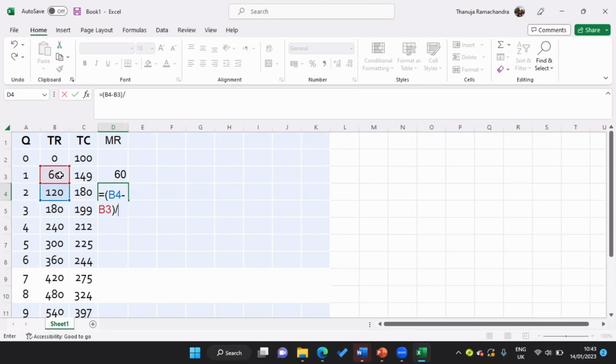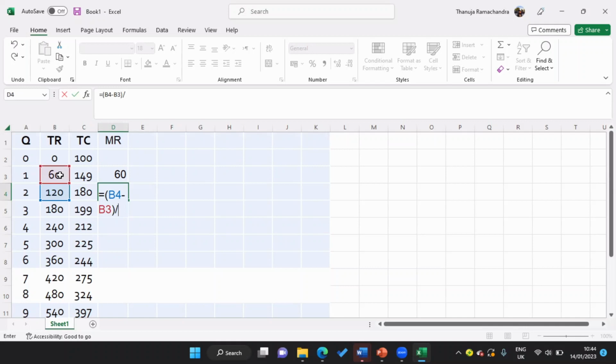Marginal product is the additional output due to change in 1 unit of labor, so it's the marginal product of labor, right?